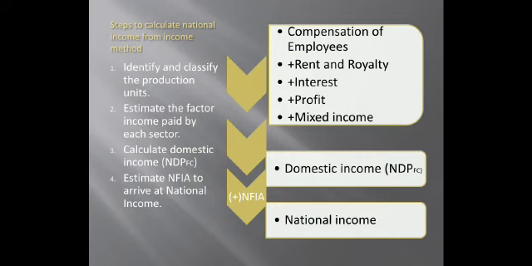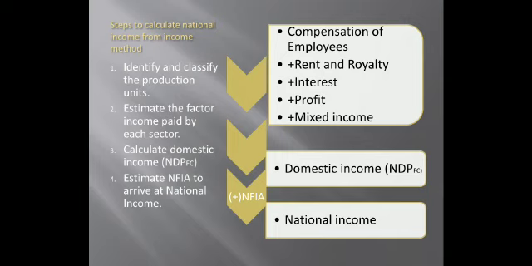First, we add compensation of employees plus rent and royalty plus interest plus profit plus mixed income. After adding these, we get domestic income, that is NDPFC. After adding NFIA to NDPFC, we get national income.